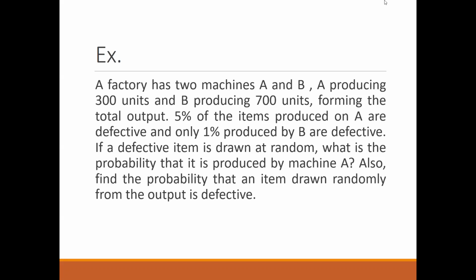So it will be 0.05. And the probability that the item is defective and produced on machine B will be given by 1 divided by 100. Isn't it? So P(D | A2) is equal to 0.01. Now represent all these values in the formula which we just saw, the Bayes theorem formula, and try to find out the answers.